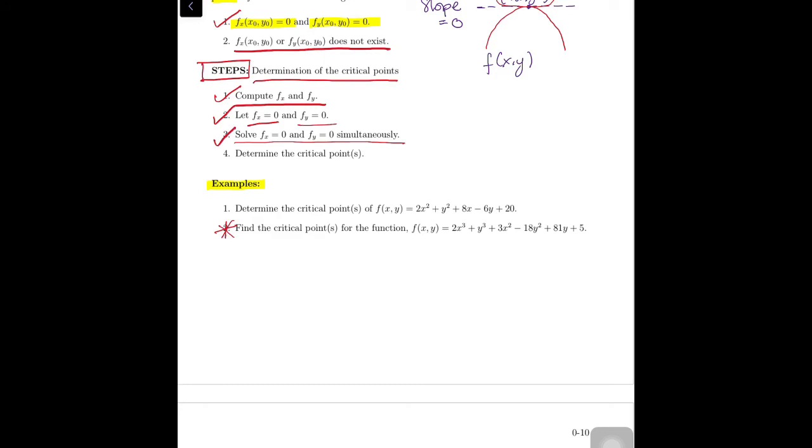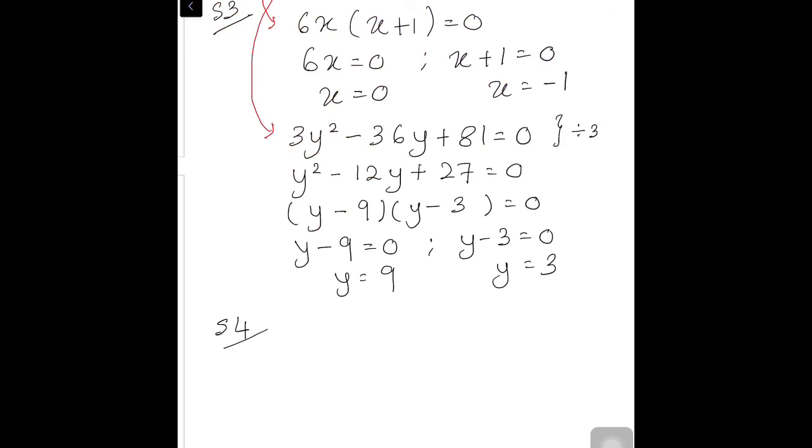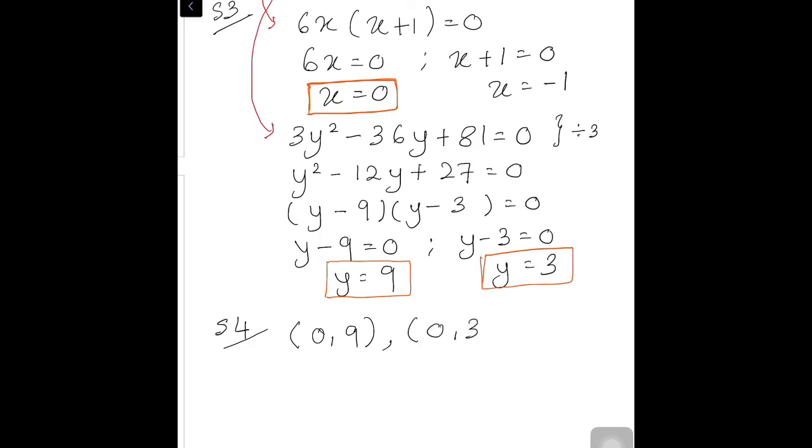Next step, step 4, determine the critical points. The critical points come from the answer in step 3. So we have x equal to 0 and y equal to 9. So our first critical point is (0, 9). And then we have x equal to 0 and y equal to 3. Then (0, 3).